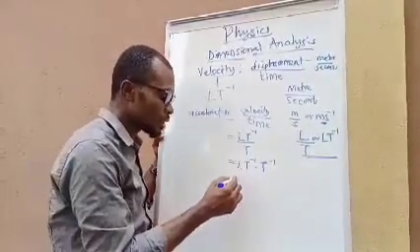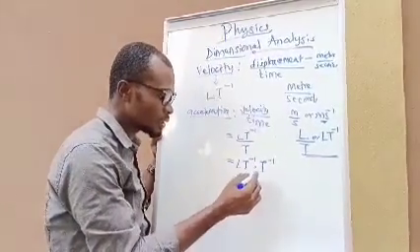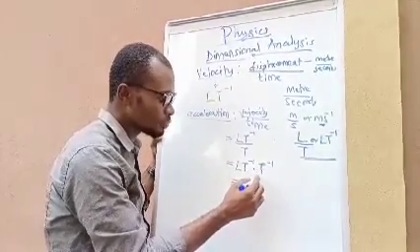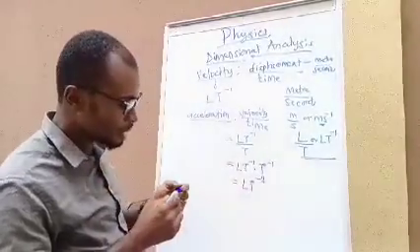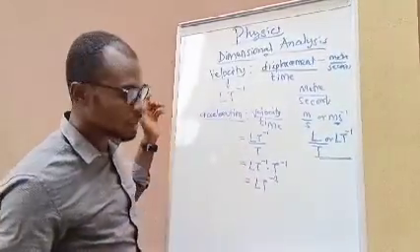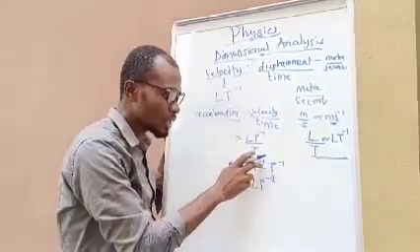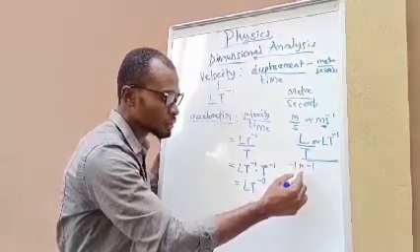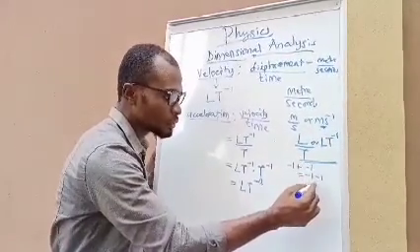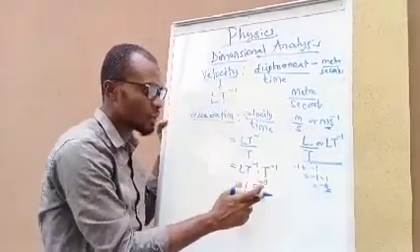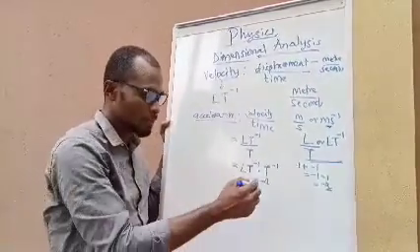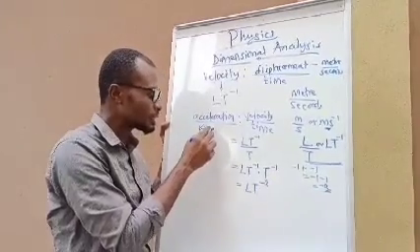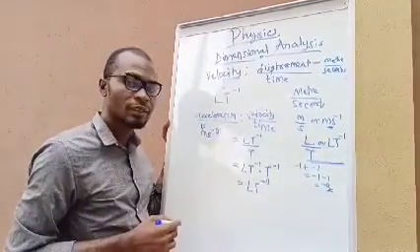So this becomes LT^-2. Very, very interesting, because this -1 here, the power, becomes -1 plus -1, which is -2. So that is why we have LT^-2. That is why the unit of acceleration is meter per second squared. Do you see that now?